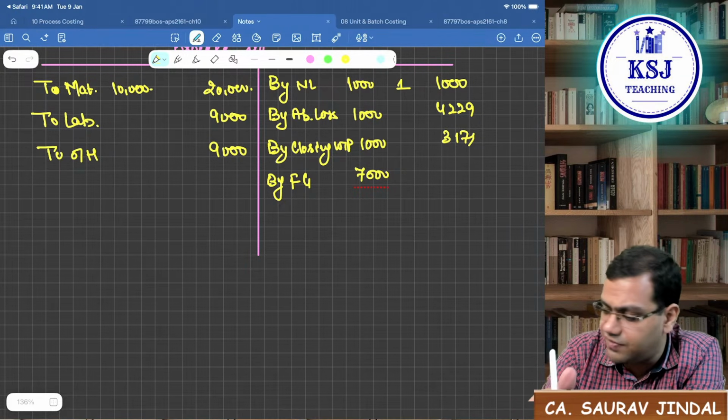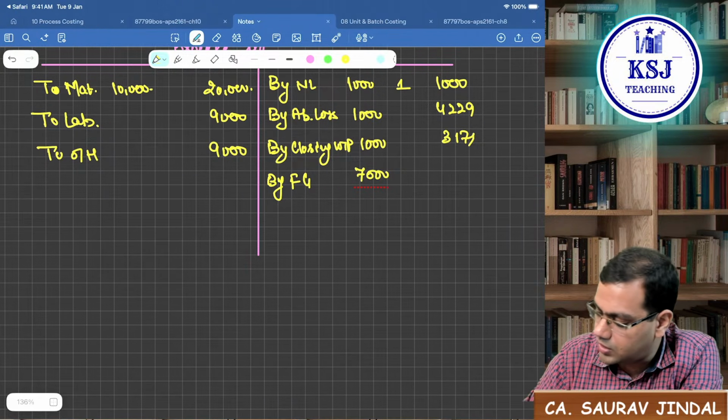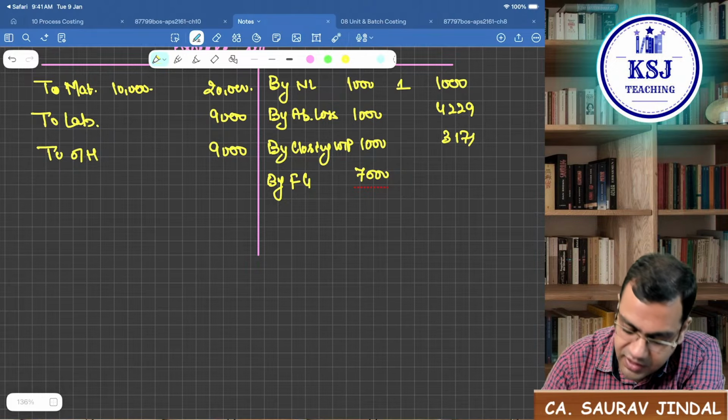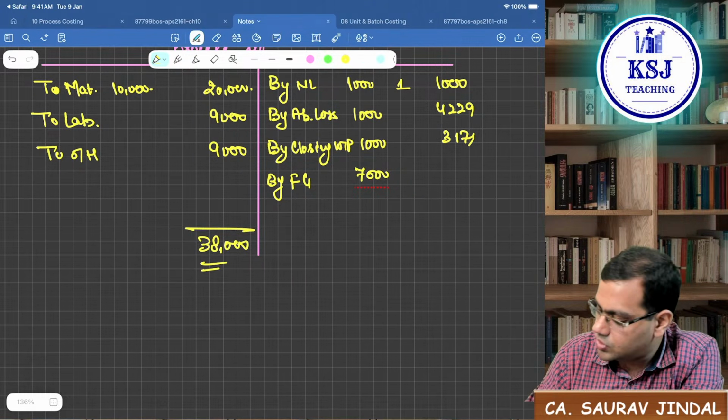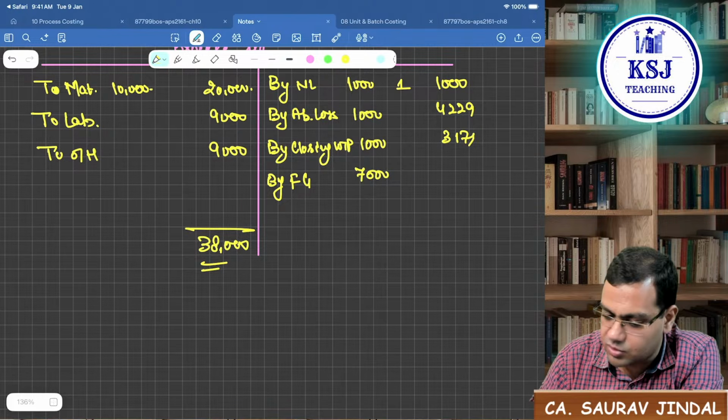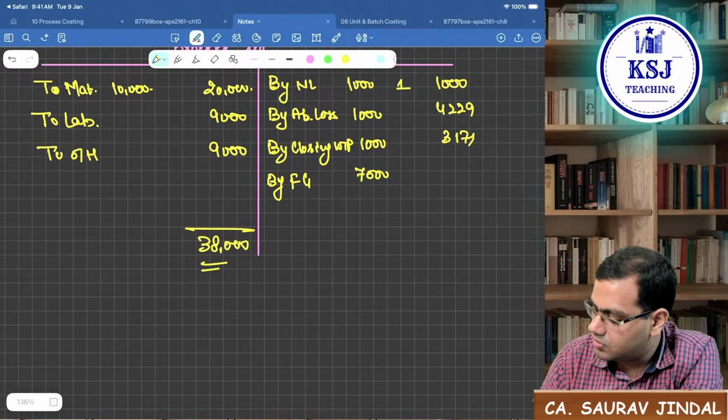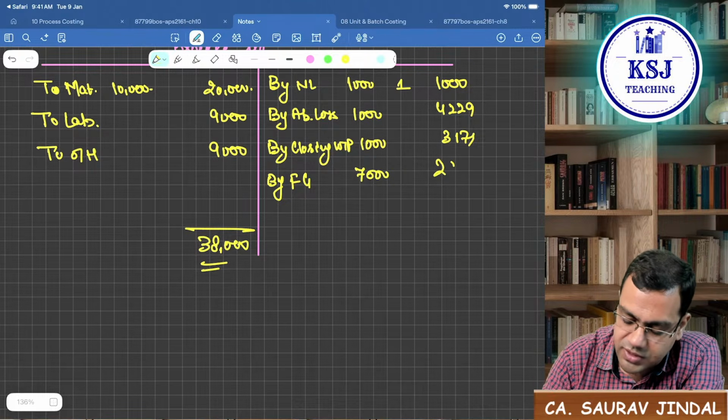The remaining value you take it here, because of decimals there can be a slight difference. So what you do is take the total here, that is 20,000 plus 9,000 plus 9,000. That comes to a total of 38,000. So 38,000 minus 1000 minus 4229 minus 3171. You will get the value as 29,600.